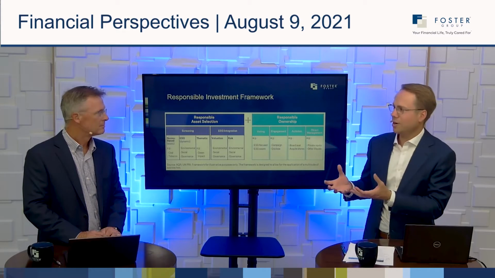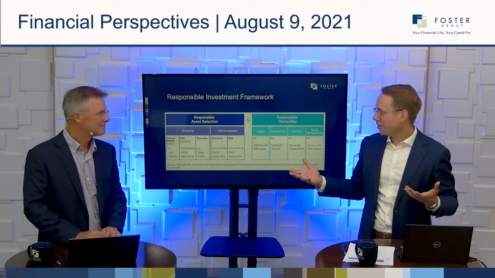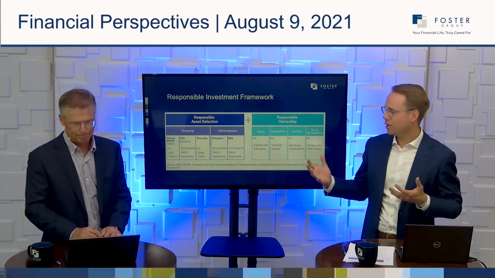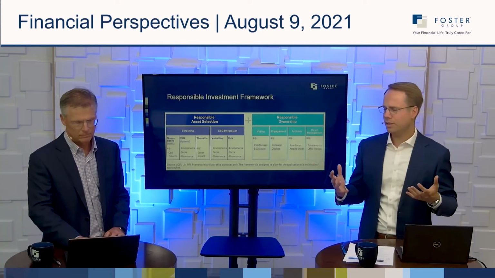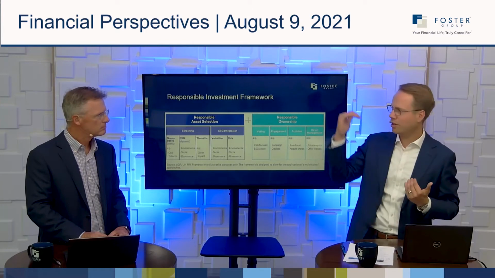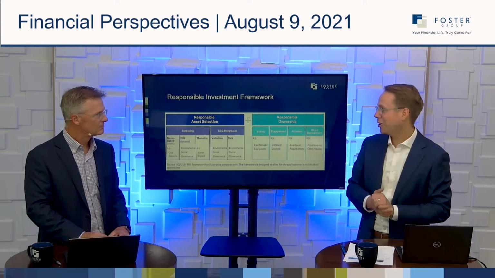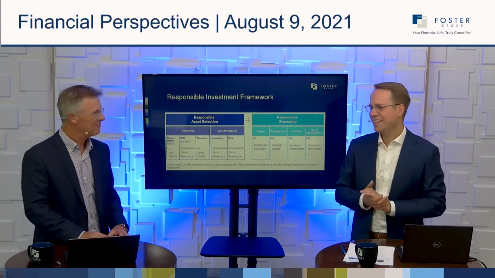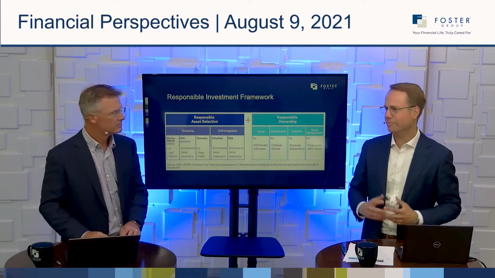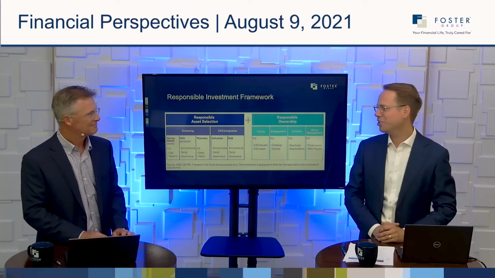So you can get pretty customized using an SMA structure. The minimums are often a little bit higher for those types of investments, and depending on assets, it could be a little more costly, depending. But those are a couple ways. So broad funds, SMAs, and of course if you love an individual stock, you can always purchase that on the side if you want. Those would be the primary ways to think about how you might implement ESG factors.